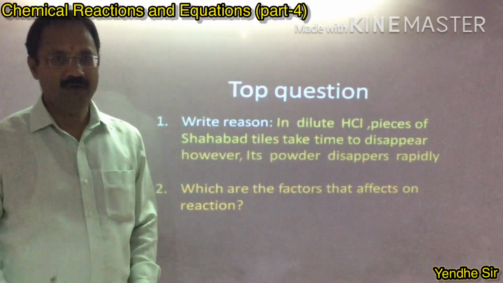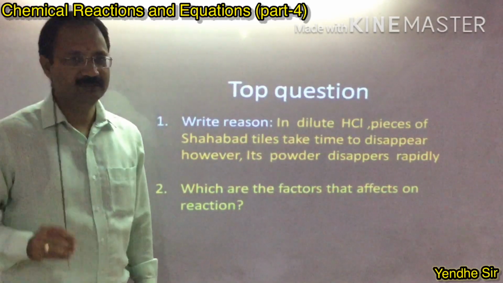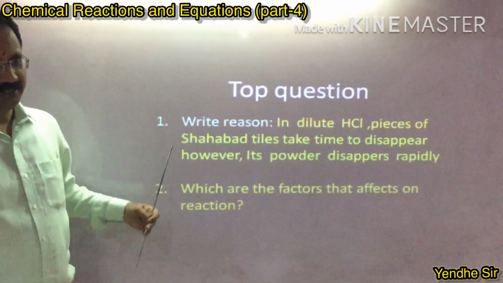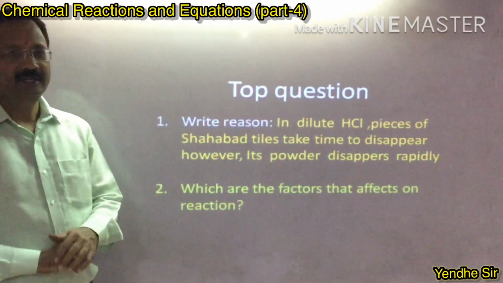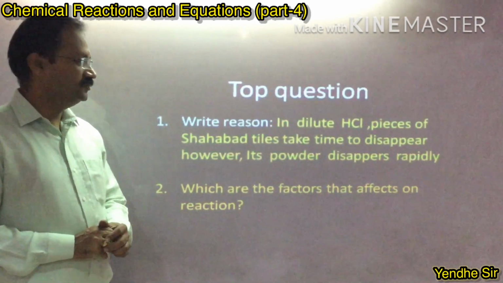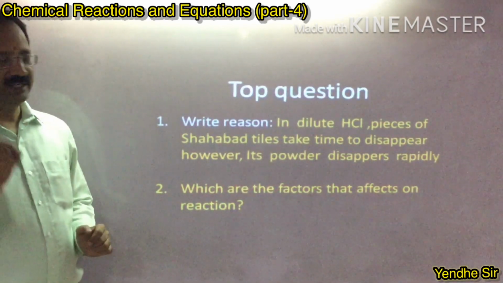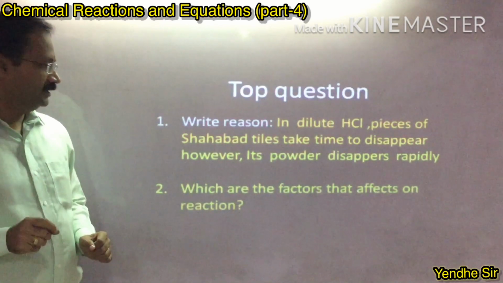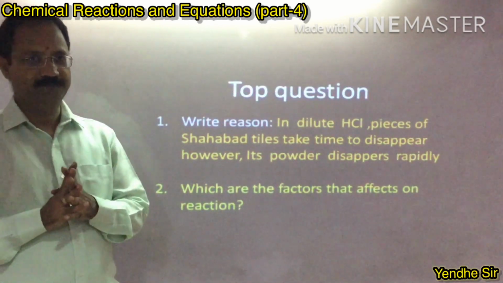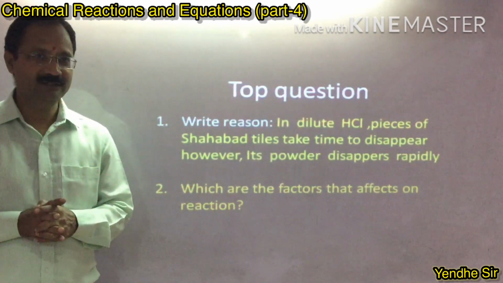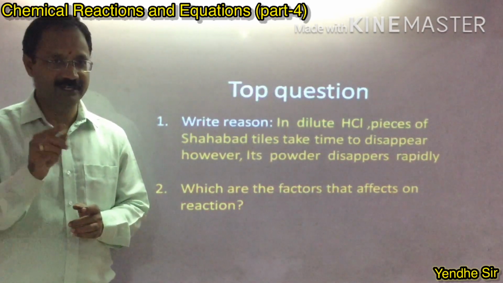Let's see the top questions which depend upon the rate of chemical reaction. Here is the first question. Write the reason. In dilute HCl, pieces of Shahabad stone take time to disappear. However, its powder disappears rapidly. So what is the reason for this? So you have to write the points like this.